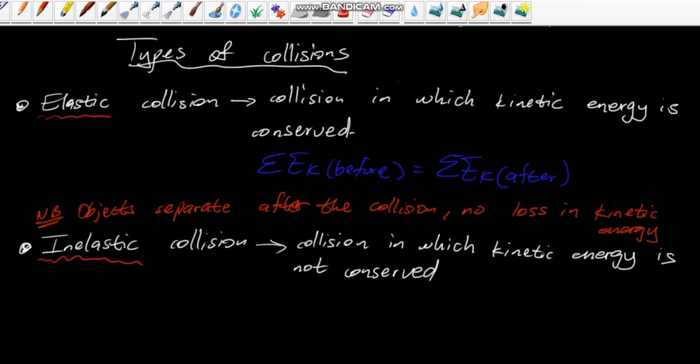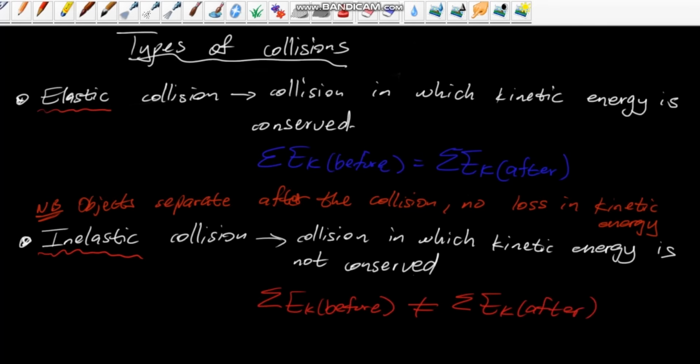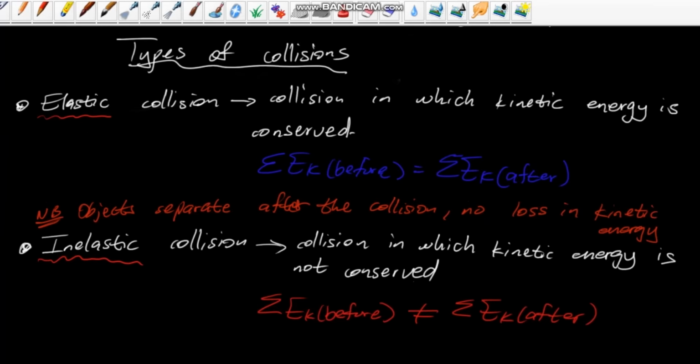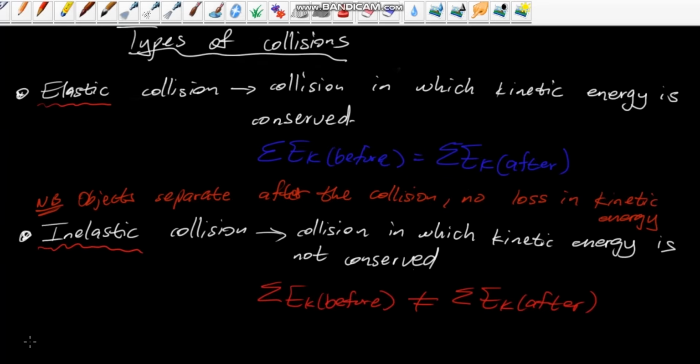Okay, kusho ukuthi sigma EK before is not equals to sigma EK after. Iyo ke i-inelastic collision. Kusho ukuthi into ongabona ngayo ukuthi i-inelastic collision ungabona ngokuthini?